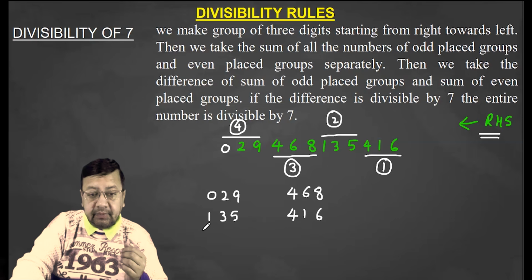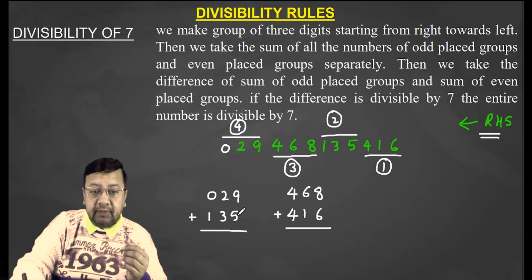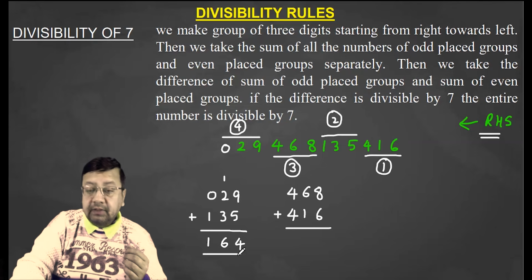Now add them separately. So this is the even place group: 9 plus 5, 14, 4 is here, 1 is carry, 3 plus 3, 6, and this is 1. This is 164. The second, the odd place group: 8 plus 6 is again 14, 1 is carry, 6 plus 1, 7 plus 1, 8, and 4 plus 4 is 8.